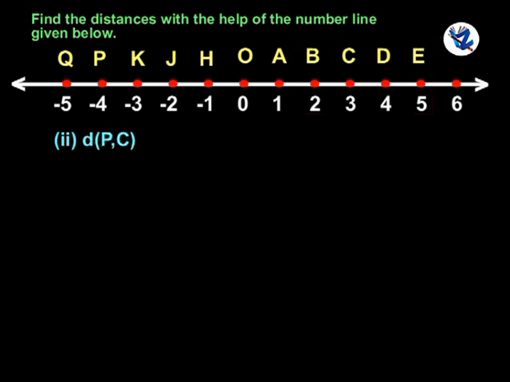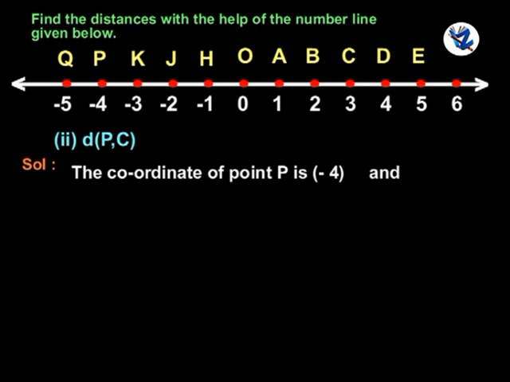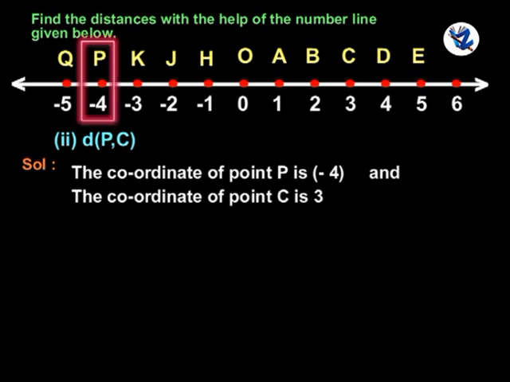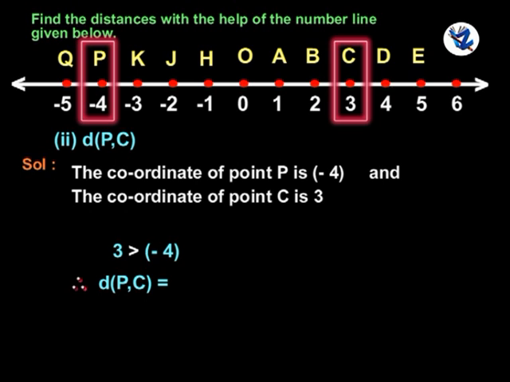Then distance PC. The coordinate of point P is minus 4 and the coordinate of point C is 3. 3 is greater than minus 4 and therefore distance PC is equal to 3 minus (minus 4), which is equal to 3 plus 4, which is equal to 7.